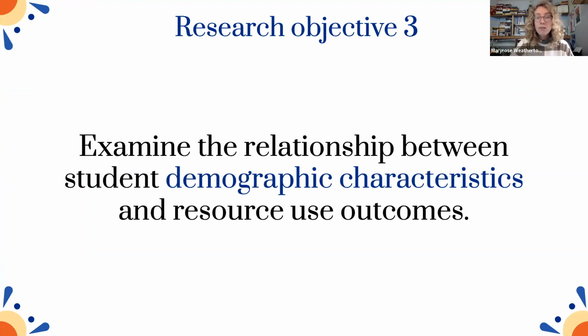So now that we know the general trends of student resource use, let's move into a more detailed examination. Specifically, instead of looking at students as a monolith, we're going to be examining these same resource use outcomes and how they might differ across demographic groups.